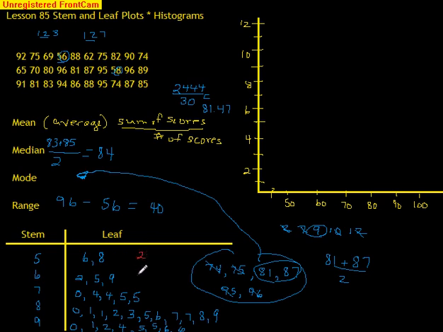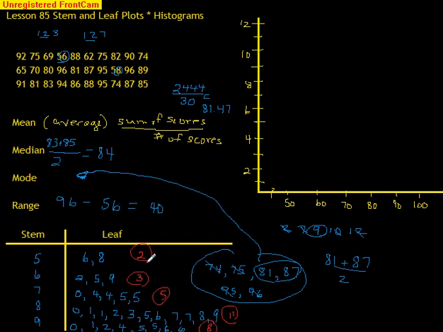We have 3 numbers in the 60s. We have 1, 2, 3, 4, 5 numbers in the 70s. Count these: 1, 2, 3, 4, 5, 6, 7, 8, 9, 10, 11 numbers in the 80s. And 1, 2, 3, 4, 5, 6, 7, 8 numbers in the 90s.